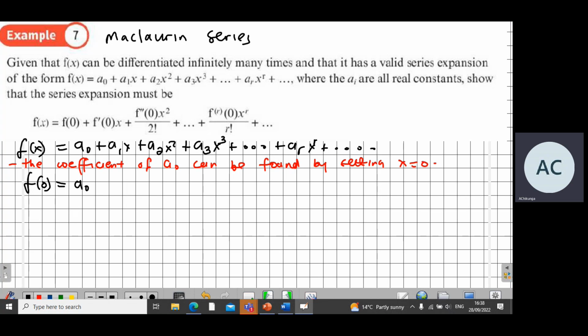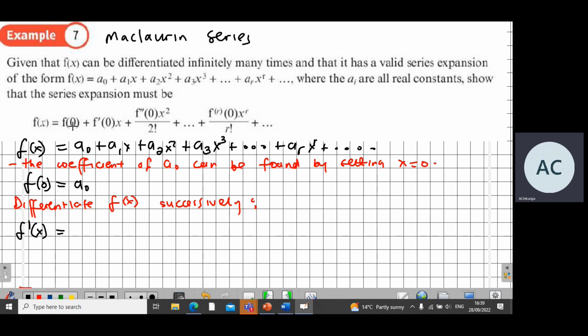If we differentiate f of x successively, you can do it maybe 3 times. It gives us the first derivative is f prime of x.